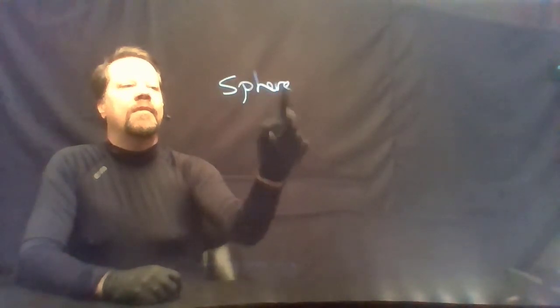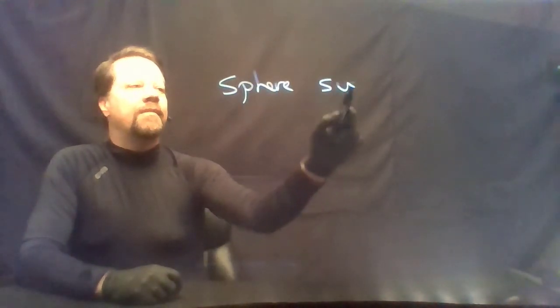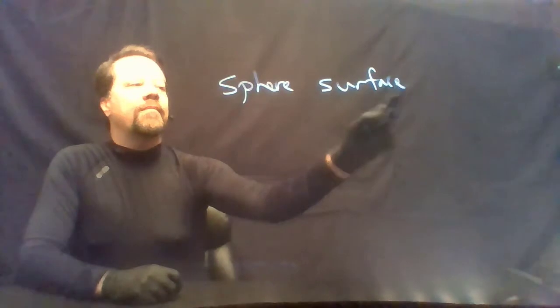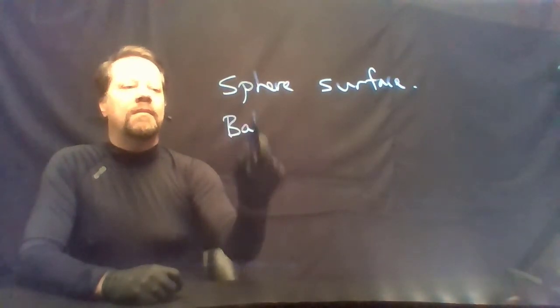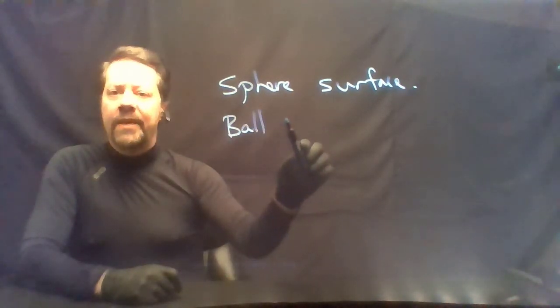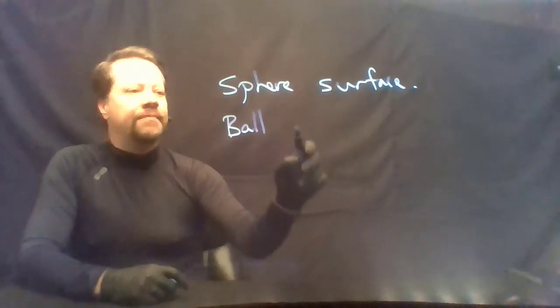We're going to make a clear delineation between the word sphere and the word ball at this point. From now on in this course, a sphere is a surface and a ball is a region bounded by a sphere.